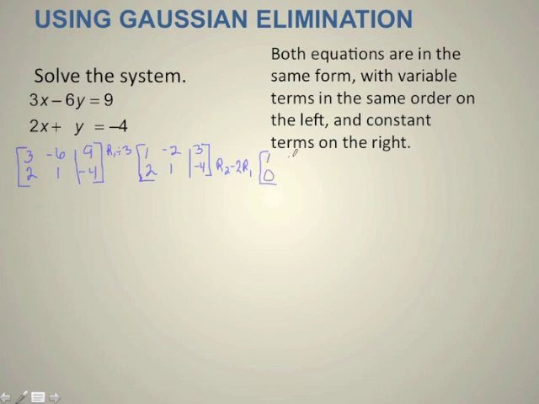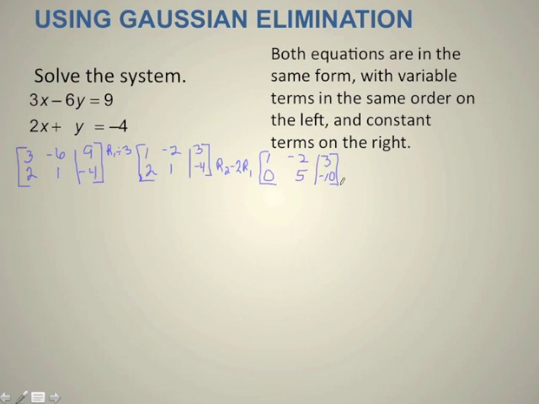Row 1 is going to stay the same. And then here, -2 times -2 will be 4 plus 1. This will be 5. And -2 times 3 will be -6, and the -4 will give me -10. I've got the 1 and the 0 here that I wanted.